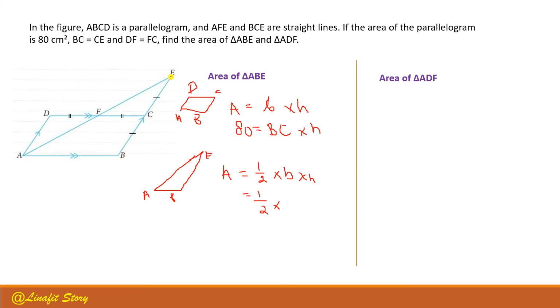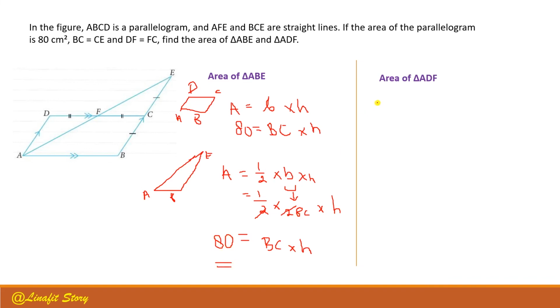BE is equal to 2 times BC. Times height. Then we can cancel between 2. So area of the triangle ABE is BC times H. BC times H is equal to 80 square cm. So the area of triangle ABE is 80 square cm.